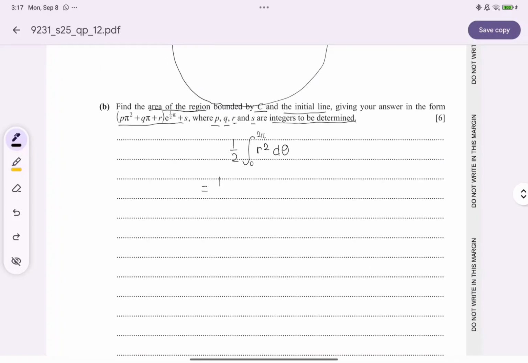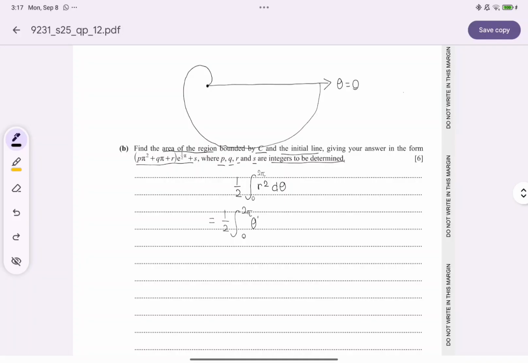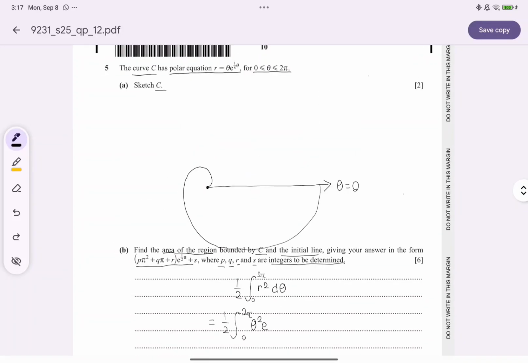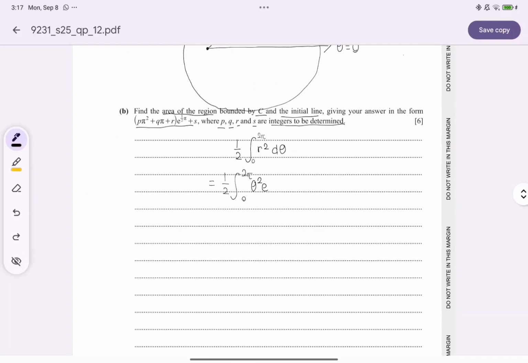First of all, let's write down our full integral. r squared would just be theta squared times e to the power of 1 over 8 theta, squared. To do that, just multiply the powers.